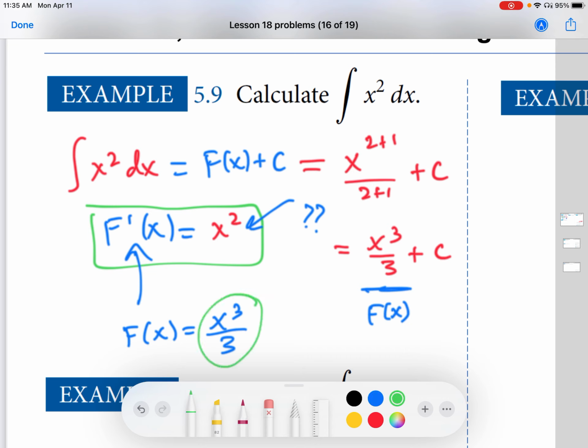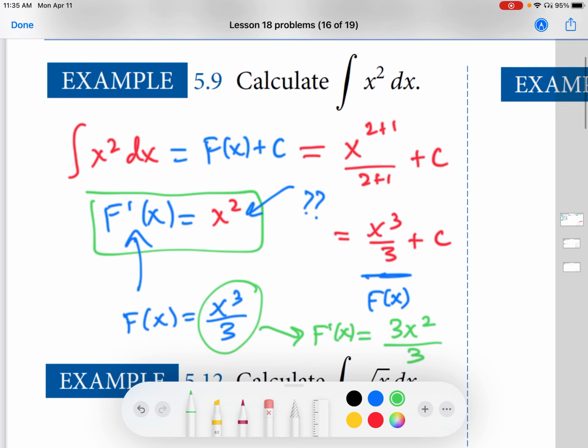This is a power function, so if I find its derivative, I would be using the power rule, which would give me 3x squared. And then also the fact that for a multiple of the function, when you differentiate that product, you get a multiple of the derivative. So I divide by 3, and I would get back the x squared that I had to begin with. So that's the integrand.